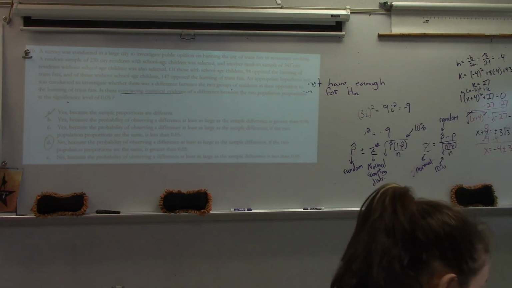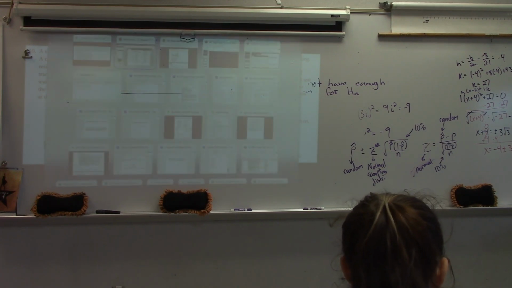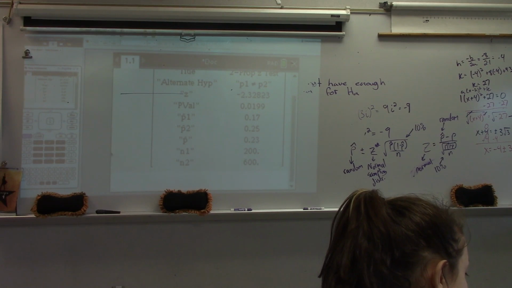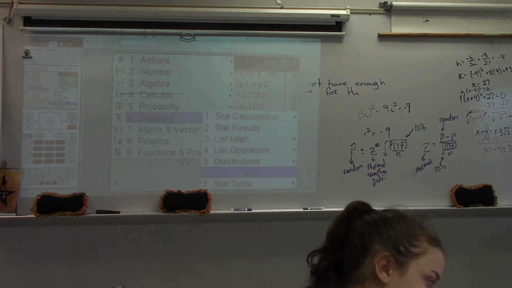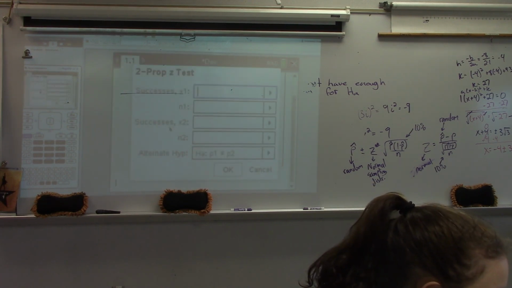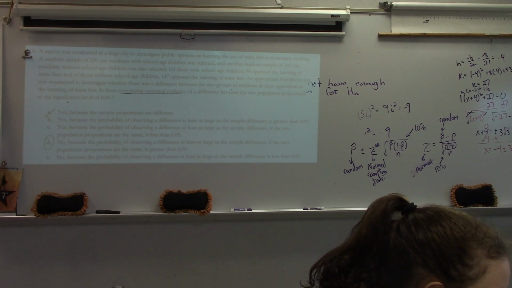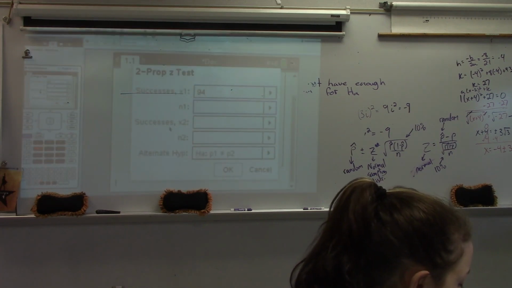So random sample. Okay, so we actually have another two proportions one. So let's look at our first proportion. So stat test, 2 prop z test. So looking here, what was our first number of successes? 94, right? Of those with school-age children, 94 opposed the banning for a sample size of 230.